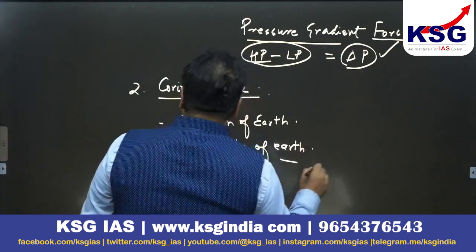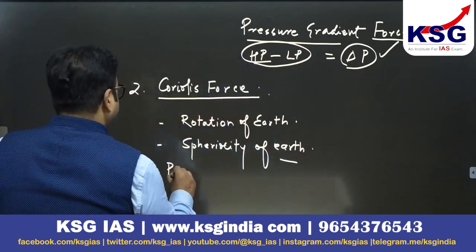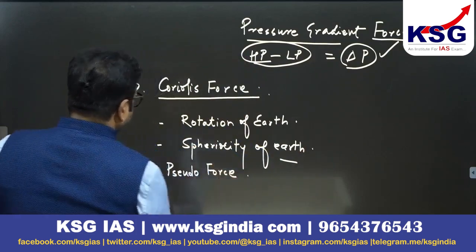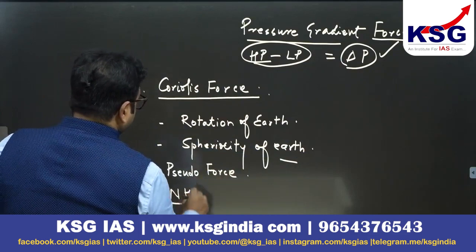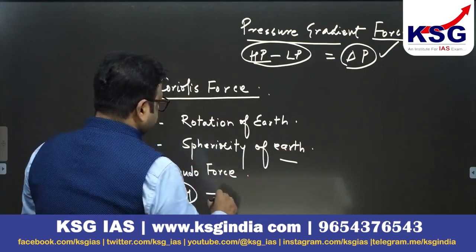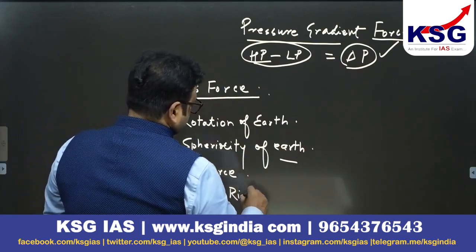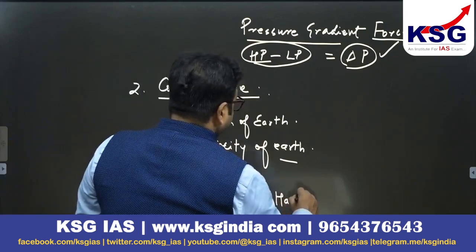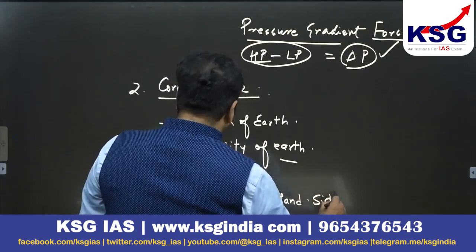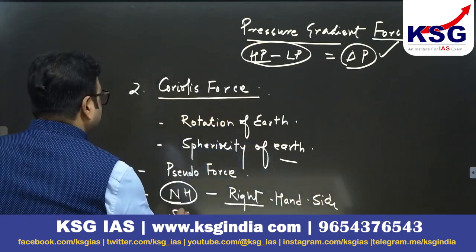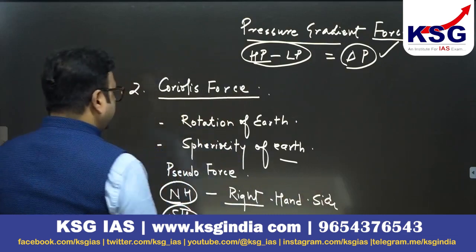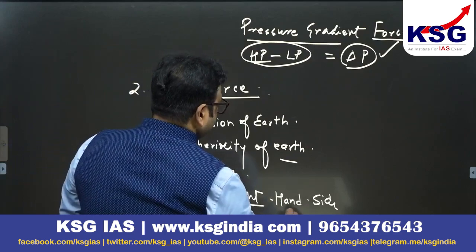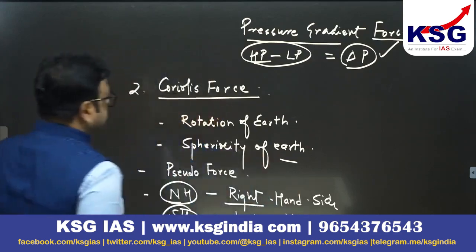So this is not a true force, it is a pseudo force acting in the northern hemisphere and deflecting anything moving horizontally towards its right, the right hand side, and in the southern hemisphere anything moving horizontally is going to be deflected towards the left. Fine. This is Coriolis force.